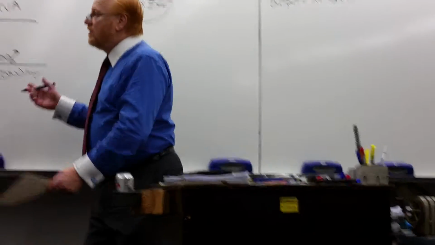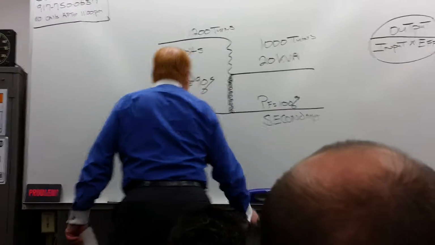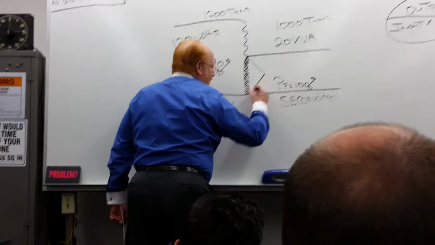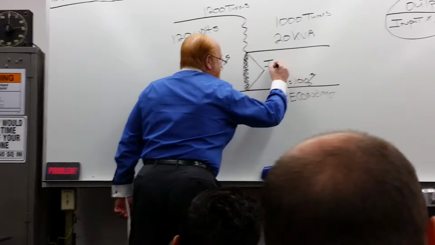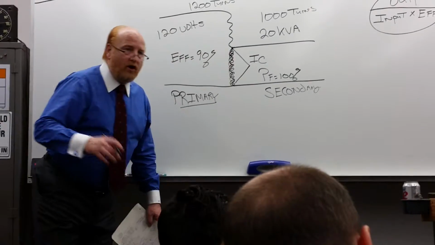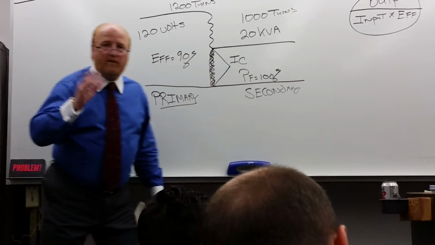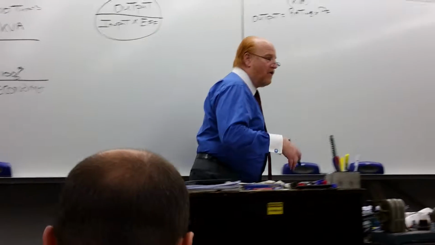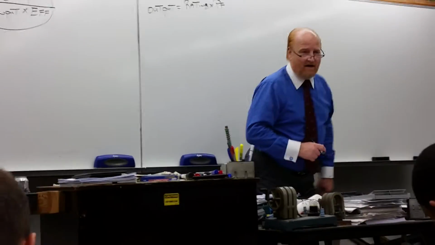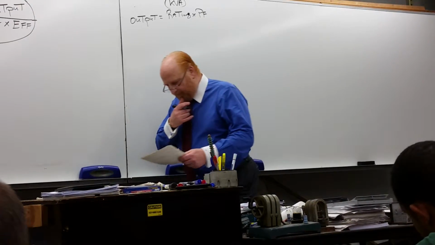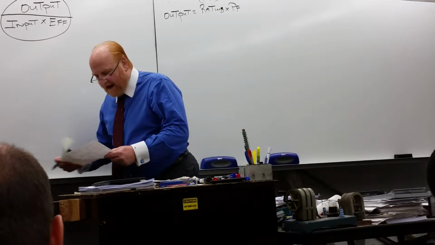What are we always looking for? We're always looking for the current in the common winding, known as IC. Most auto transformer questions we get will always ask you for the current in the common winding. So we start out.